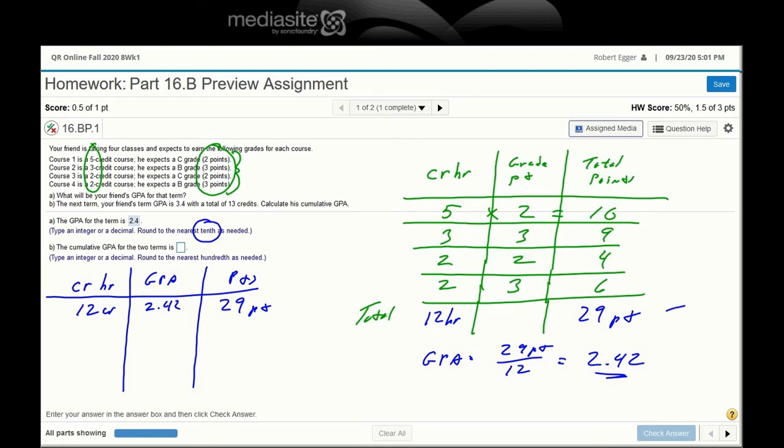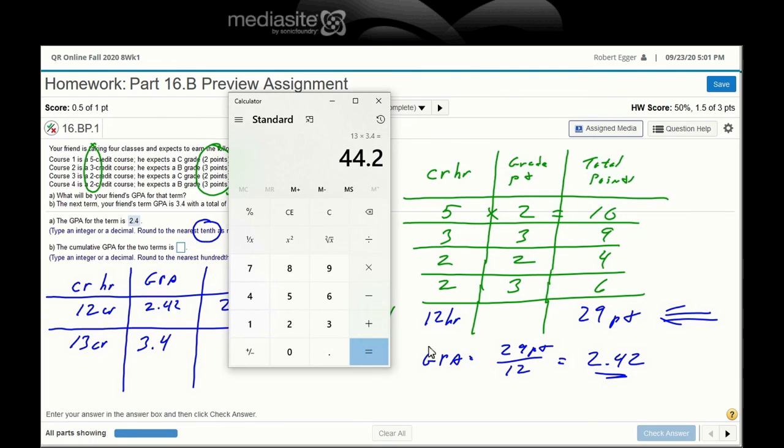Basically, I just recopied down this area. And my next semester, I had 13 credits, the GPA of 3.4, which will give me a points of, that's where I disrupted, 13 times 3.4, 44.2.